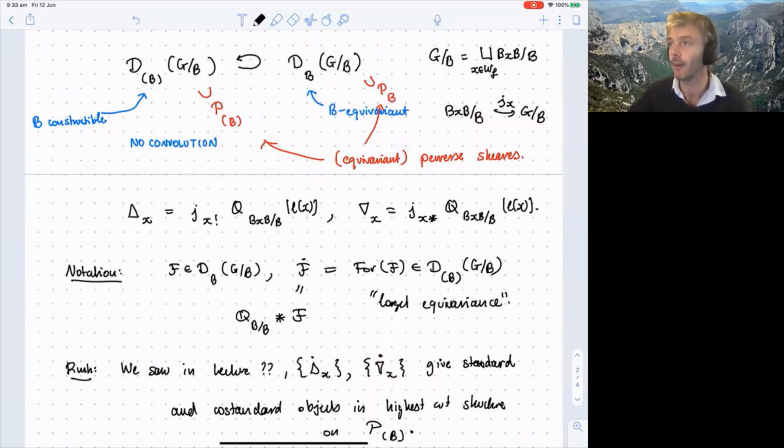Be very careful, however, because one shouldn't expect the equivariant category to be highest weight. And in general, it is not.